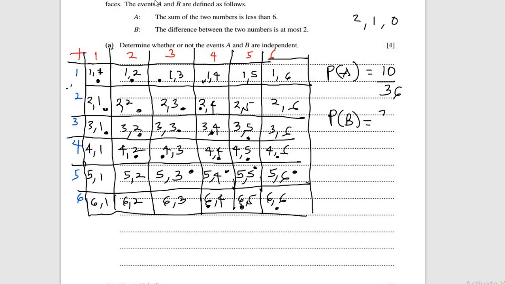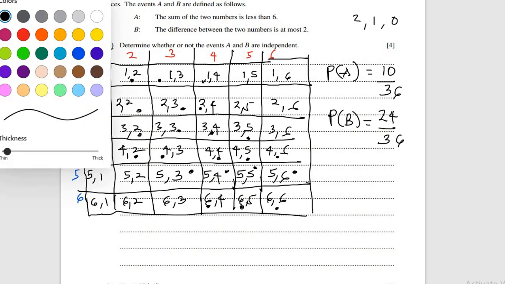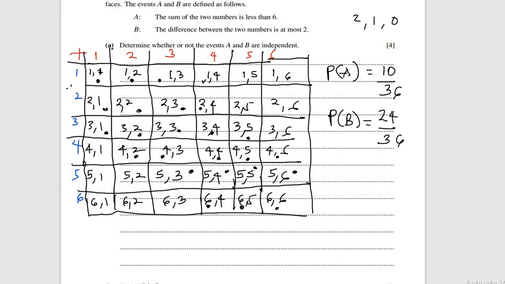So 24 over 36 for B. Let me clean it so it will make our work easier. I want to clean the dots. I believe it's clear.